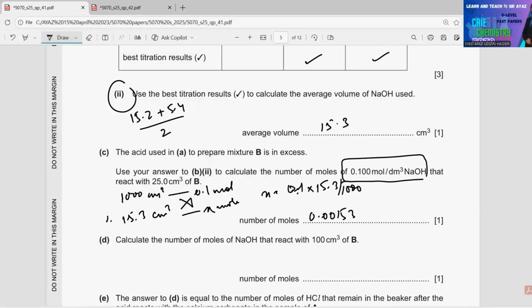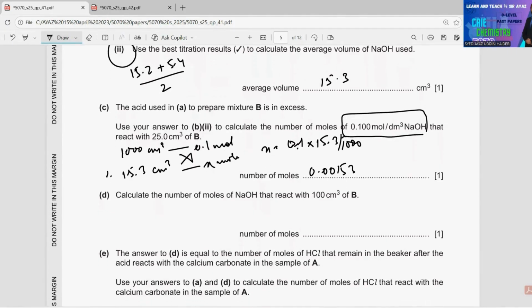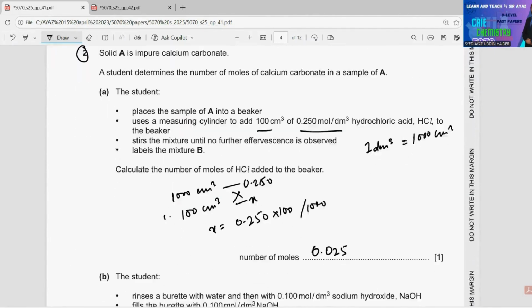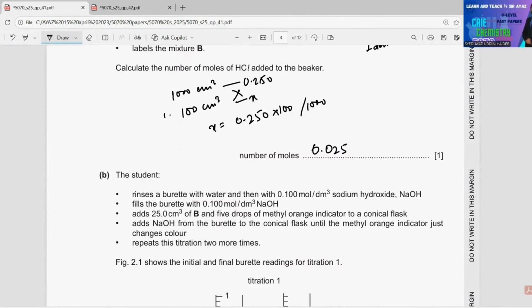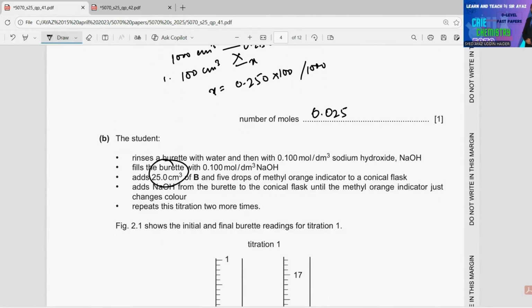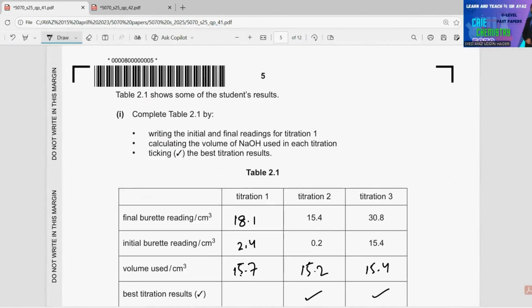D. Calculate the number of moles of NaOH that react with 100 cm cube of B. You see the volume taken here? 25 cm cube. They have taken the 25 cm cube.